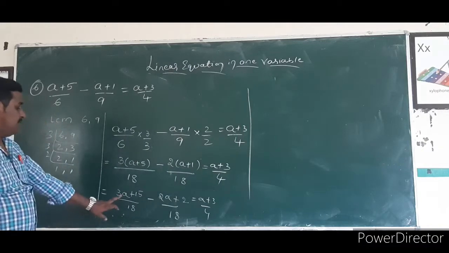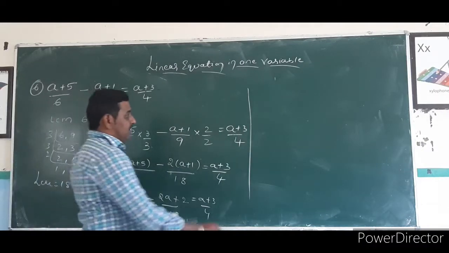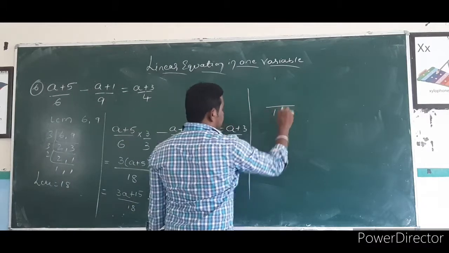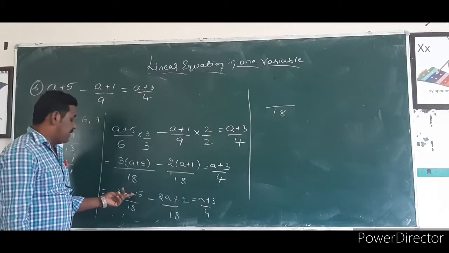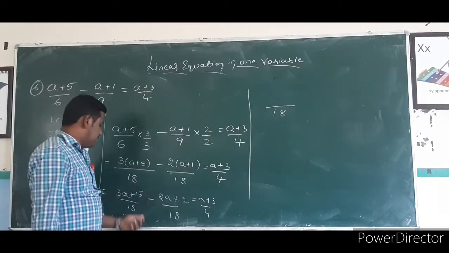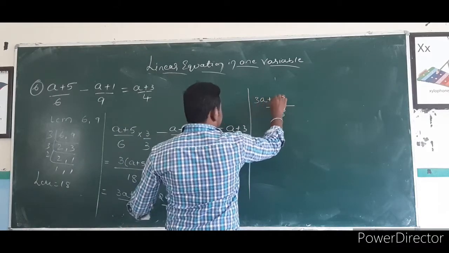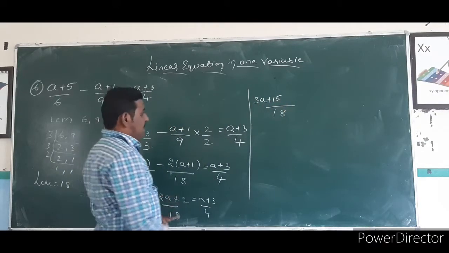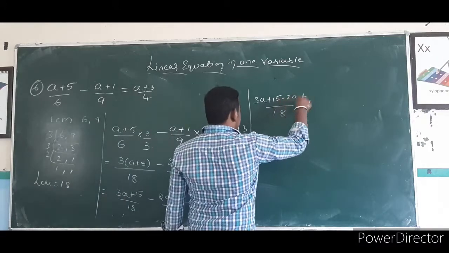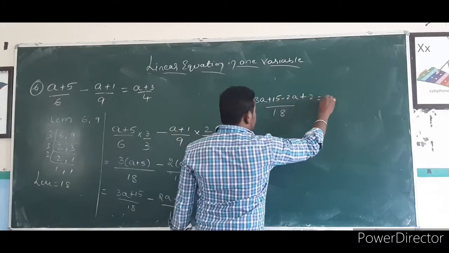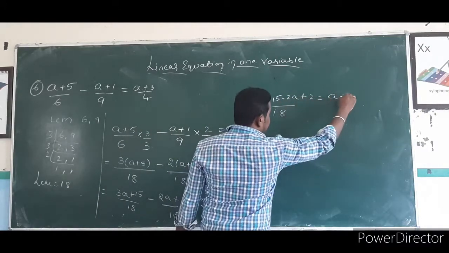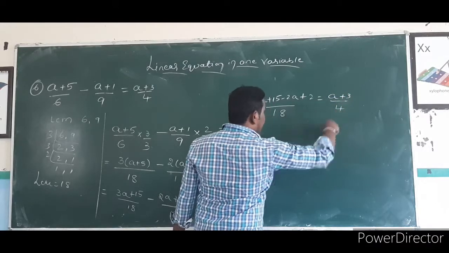Here 18 and 18 are the same denominators, so you can keep one 18 and take the numerators. The numerator is 3a plus 15 minus 2a plus 2, equal to (a plus 3) by 4.